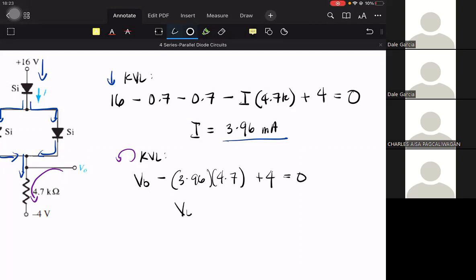Therefore VO is 14.6, which is equal to 16 minus 0.7 minus 0.7. Okay, final answer.